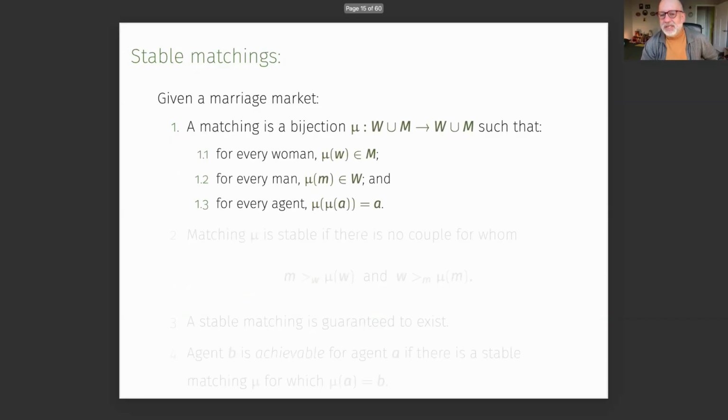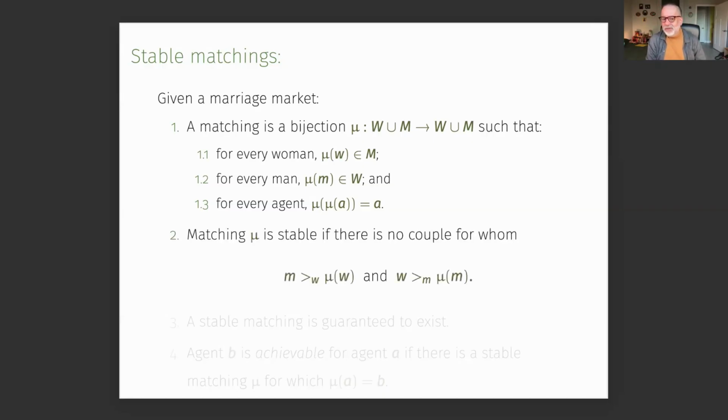Okay, so this is the definition of a matching. Now we don't have to worry about single people. So a matching is a bijection that assigns to every woman a man, to every man a woman, and it's a degree 2 mapping, so mu of A is going to be A. A matching is stable if you cannot find a couple M, W for whom each other is better than the person that they're matched with at the moment.